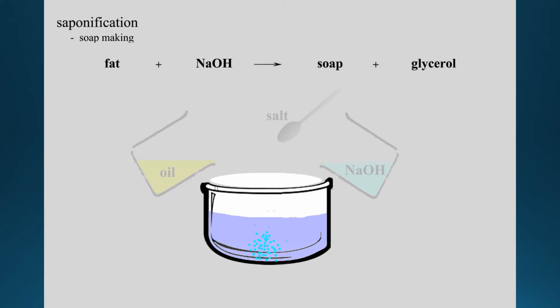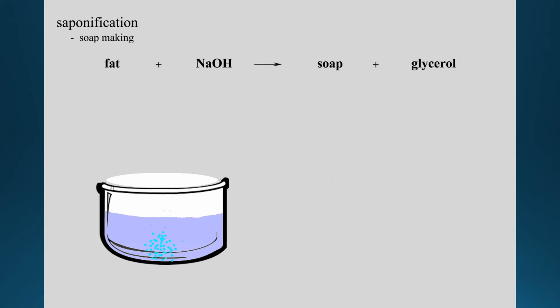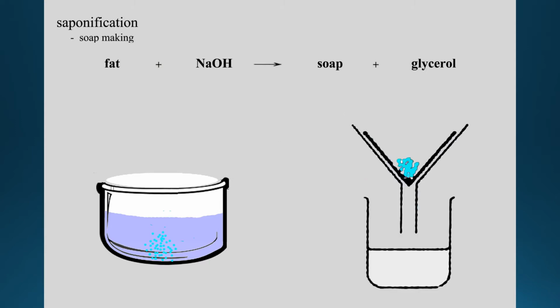This precipitation is the precipitation of soap. Then you use a filter funnel to filter it out, and you get the soap. This is the experiment.